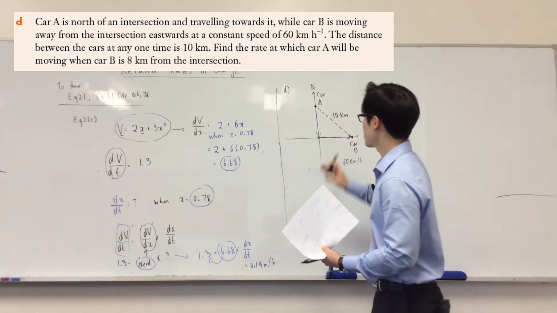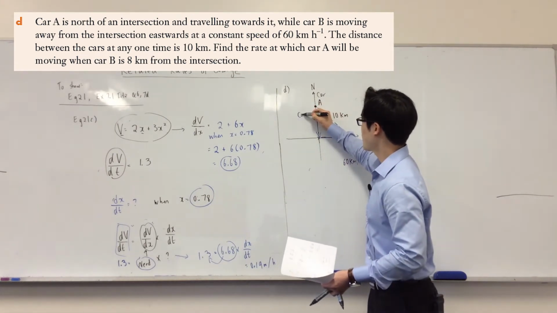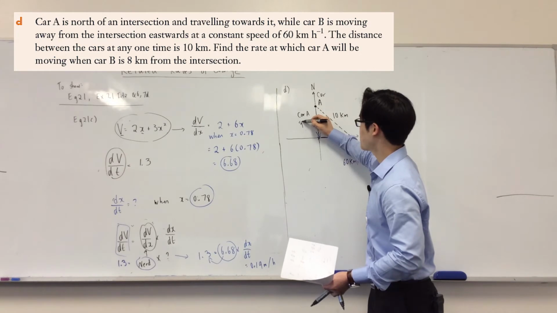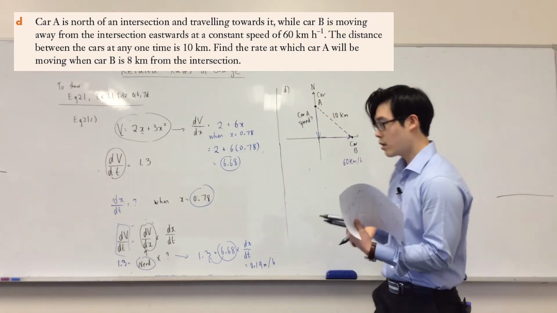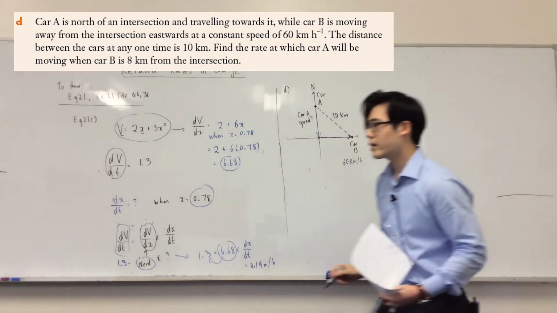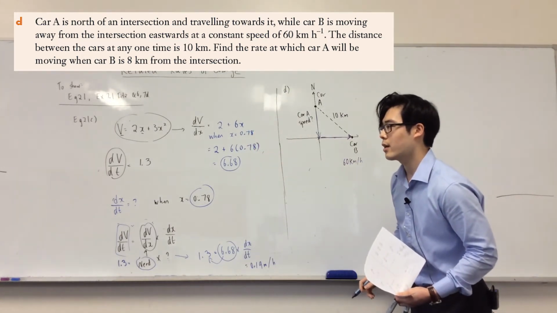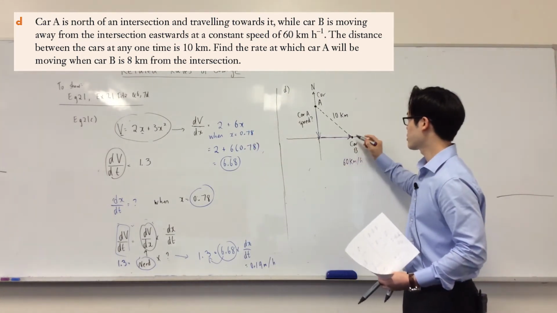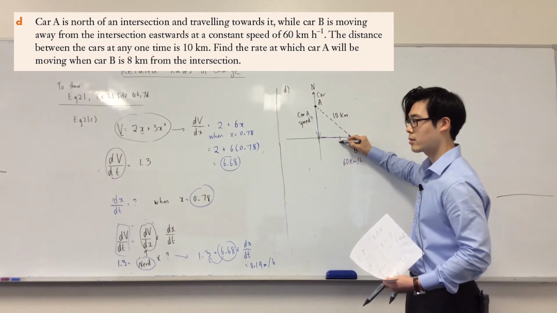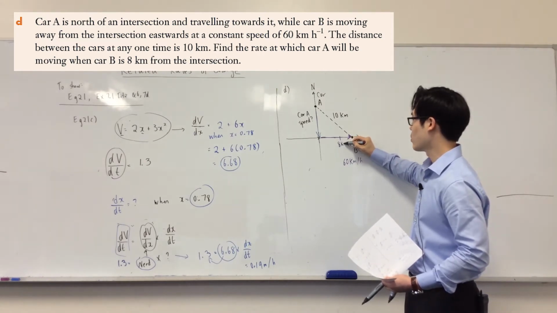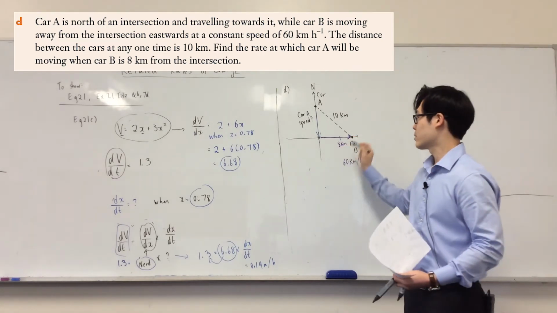So in other words, car A speed is the question when car B is 8 kilometers from the intersection. So let's say, girls, let's say this point is 8 kilometers away from the intersection.